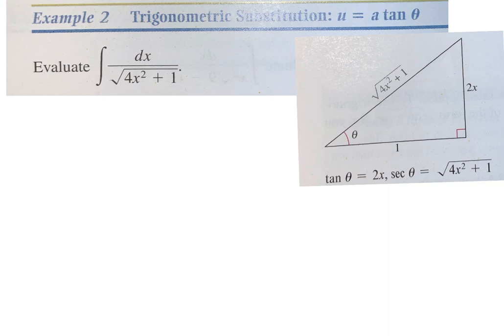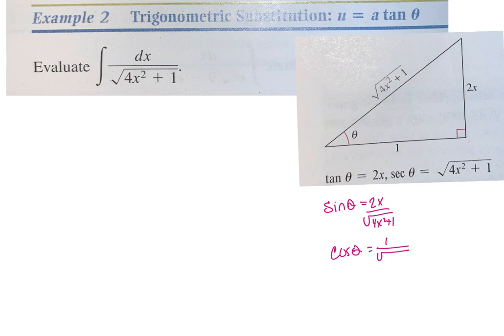And so in this case, I would say, well, sine of theta is going to give me opposite over hypotenuse. That probably doesn't help me. Cosine of theta, again, that doesn't really help me because I still need a dx.